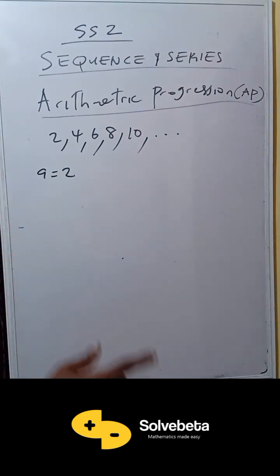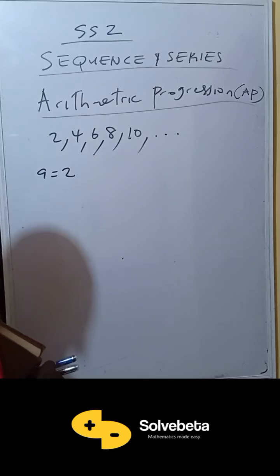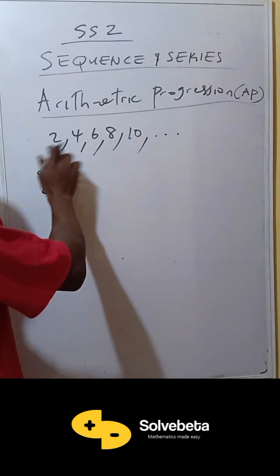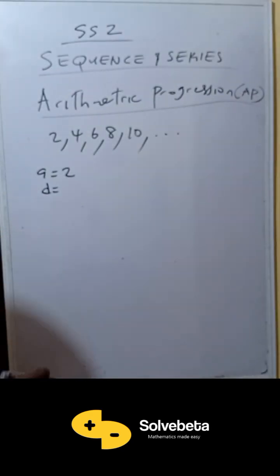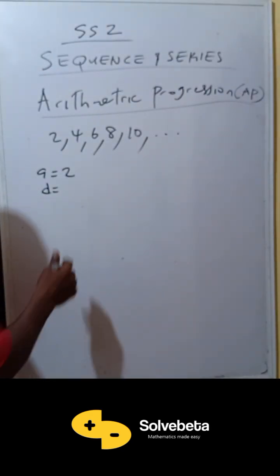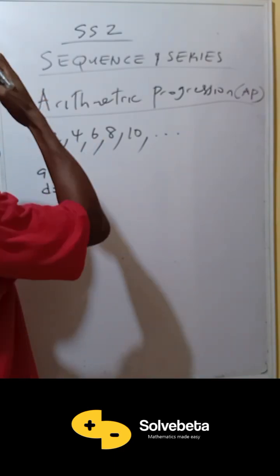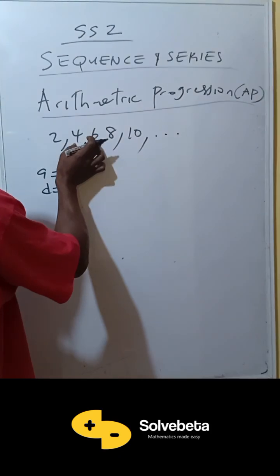Now, how is the formula derived? Look at it. If the first term is A, the difference, that's the constant, the same number that is added to get the next term, is known as the common difference. It will be this minus this, 4 minus 2 or 6 minus 4, because it's the same way it's gotten.